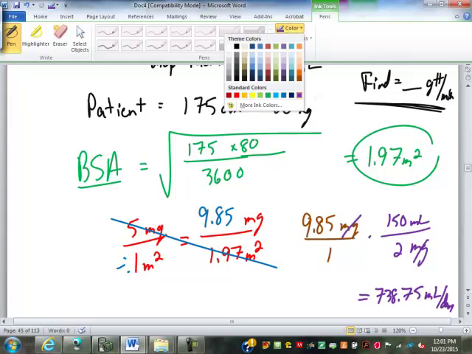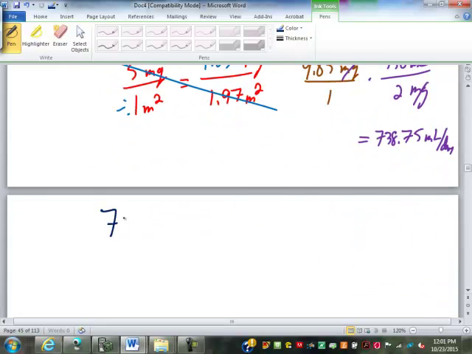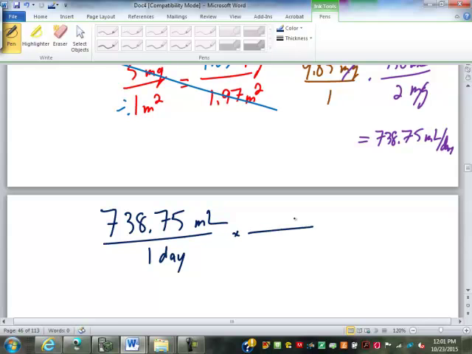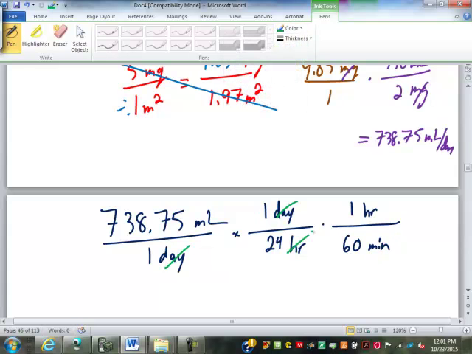So let's keep going with this. Let's get it to the drops per minute. We have 738.75 milliliters per 1 day. We first have to get rid of the days. So 1 day is 24 hours. I need to get it to minutes anyway. 1 hour is 60 minutes. So the days cancel, the hours cancel. This is going to put us into minutes.